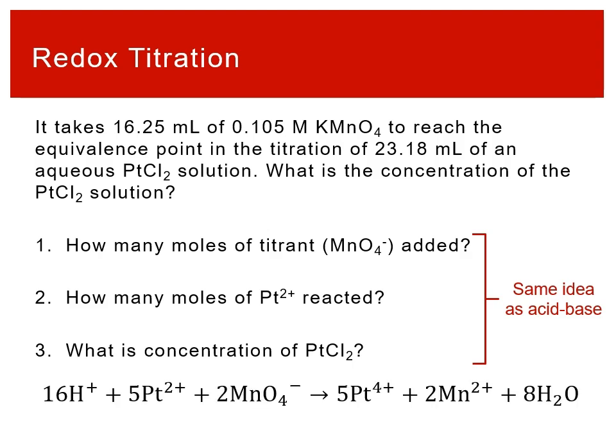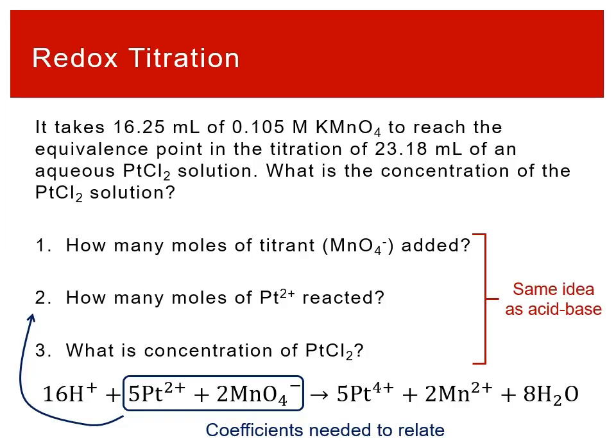So this balanced equation that we just obtained is going to be needed to work through this process of actually analyzing our results. These coefficients right here that come from the balanced equation will inform and be necessary to figure out how many moles of platinum 2+ reacted.